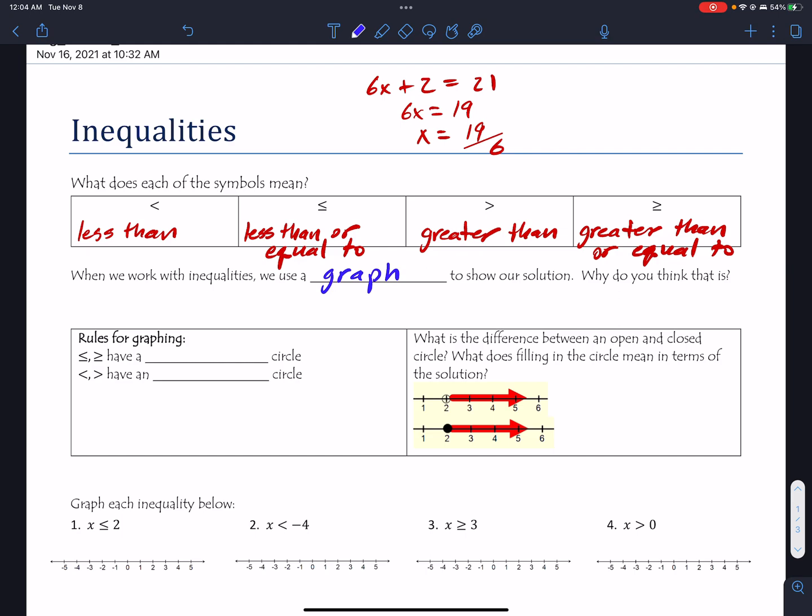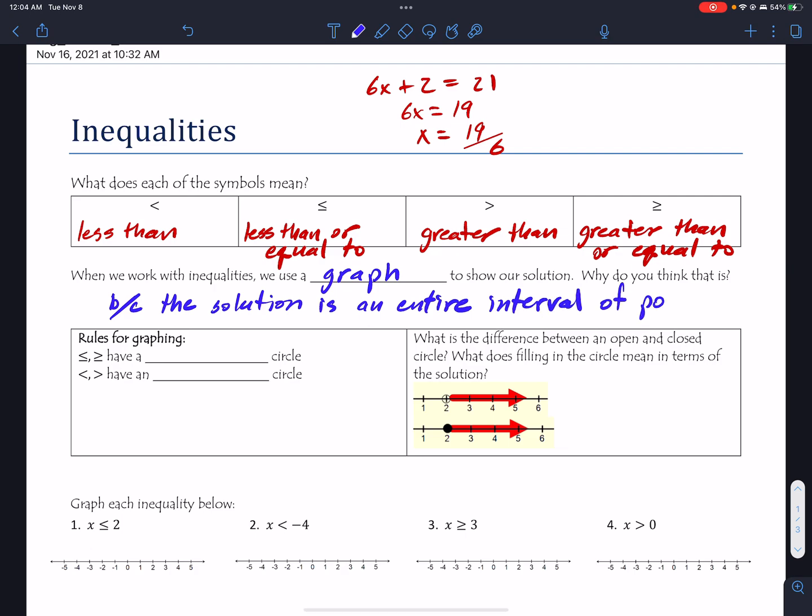Why do you think that is? We use a graph because the solution is an entire interval of possibilities. We have a lot of numbers that x can be equal to.